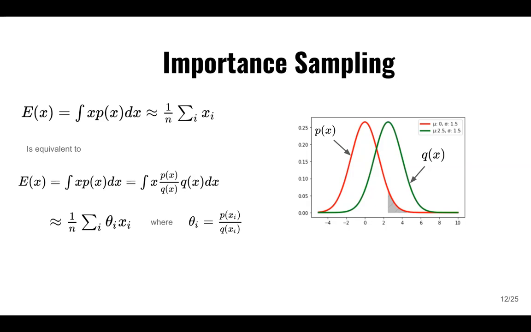And so what it says is that if you can do this correction, and can sample from this Q distribution, which is easier to sample, then you can actually obtain an unbiased estimate of the quantity with this Q distribution. So this is in theory what importance sampling is doing. It's a variant of Monte Carlo approximation.